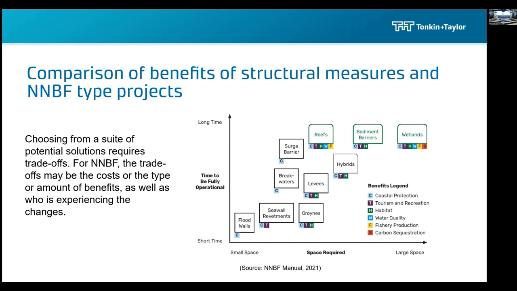So when we do things like cost-benefit studies and assessments, we need to understand the cost-benefit needs to be broader than just the physical structure and the immediate benefit of, say, erosion protection or flood protection. How we value the tourism and recreation, how we value the habitat, the water quality, the fishery production, carbon sequestration, are all things that need to be considered in a cost-benefit assessment.